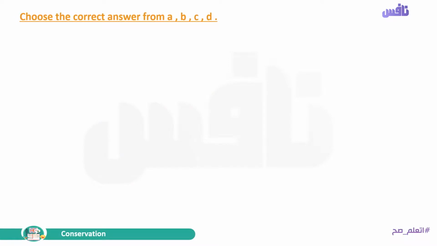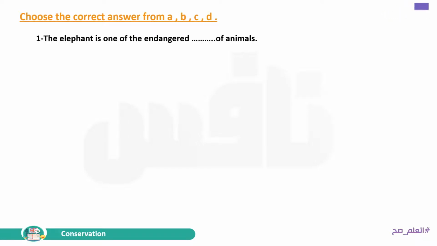Now let's see the questions. Choose the correct answer from A, B, C, D. Number 1, the elephant is one of the endangered species of animals. Species, spaces, prices. The answer will be species.